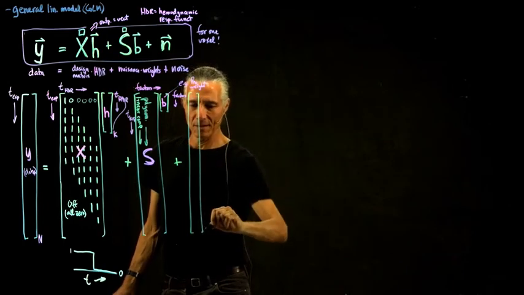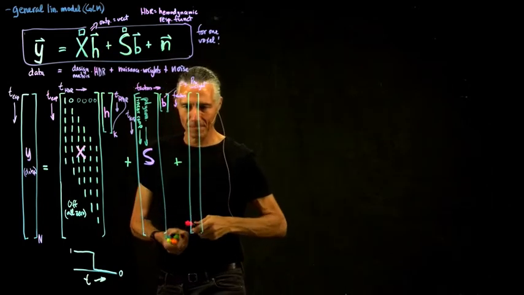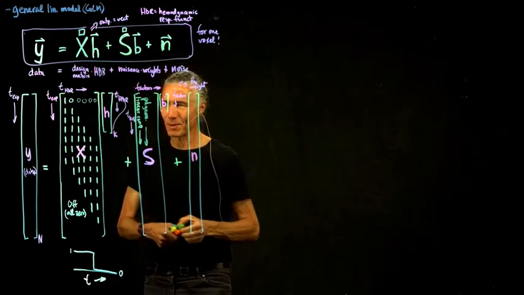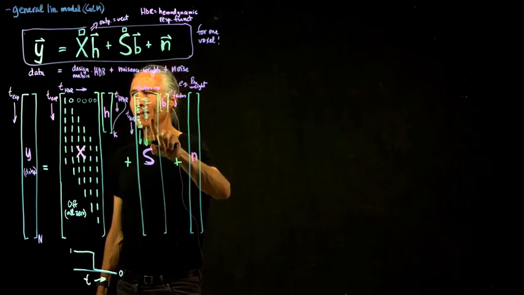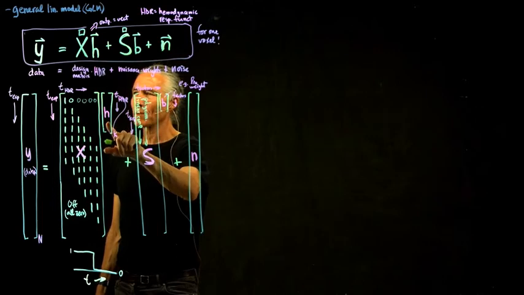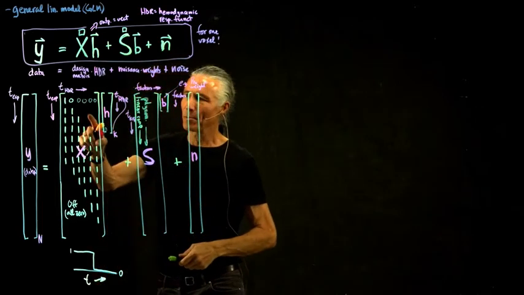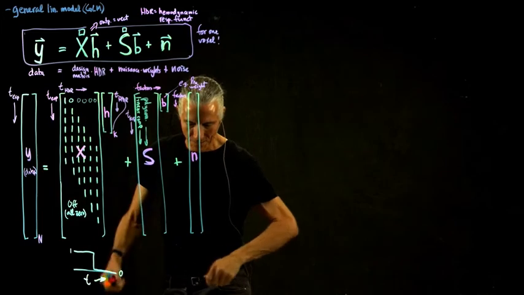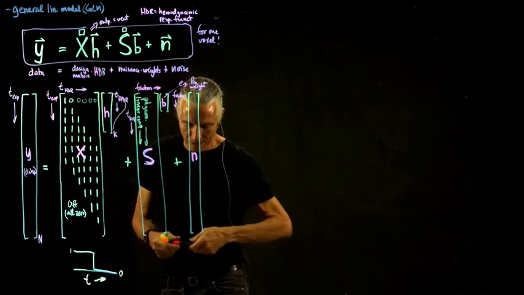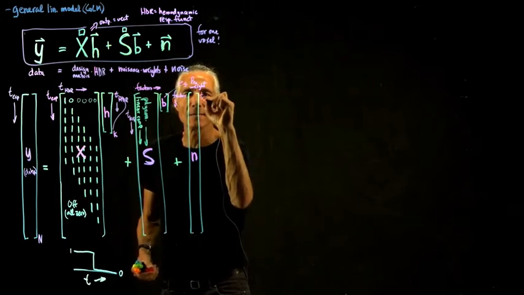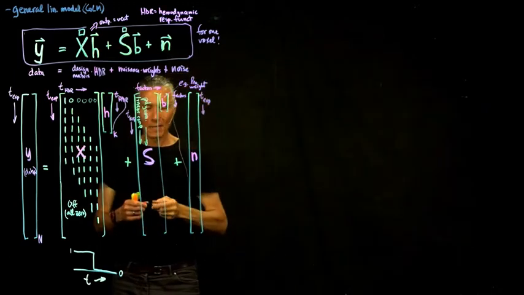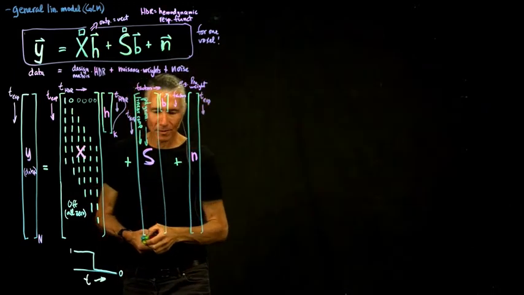The noise vector is whatever we need to make up the difference between the explanation that came from the nuisance factors and the explanation that came from the hemodynamic response function multiplied by our design matrix. And that's the noise, and once again, this is the time of the experiment running this way. Okay, so that's our basic general linear model.